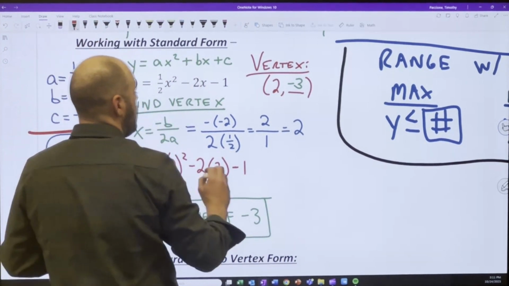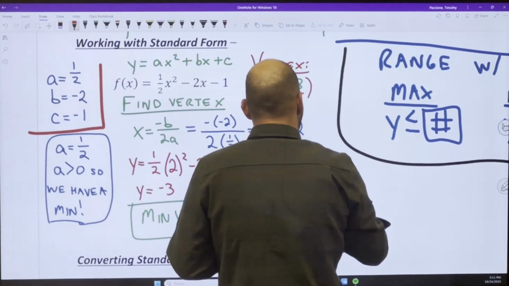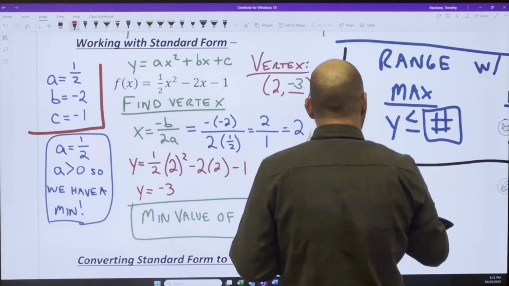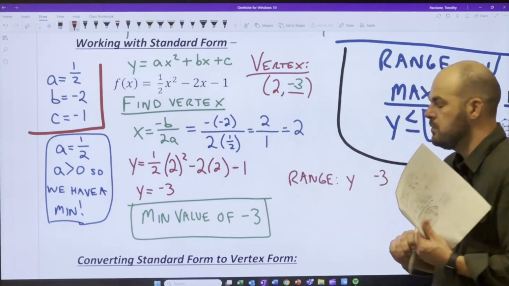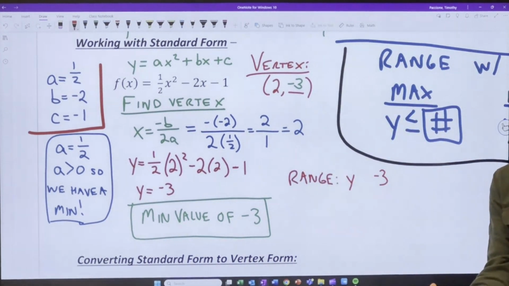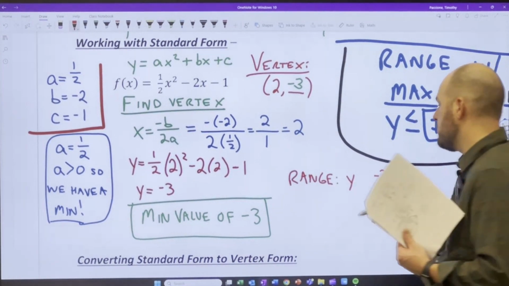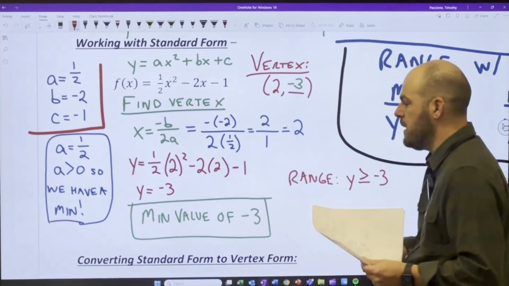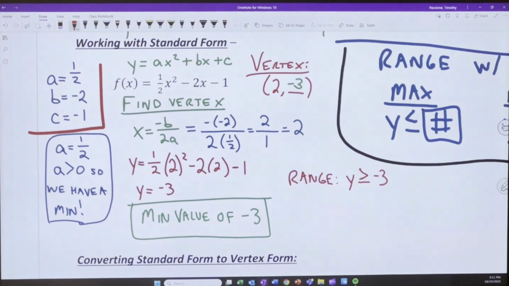And if we wanted to say our range is y must be what compared to negative 3? If it's the minimum, y is either that or greater than that. So greater than or equal to negative 3. And our domain, of course, is all real numbers. Okay? For parabolas, unless they're weirdly restricted, yes.